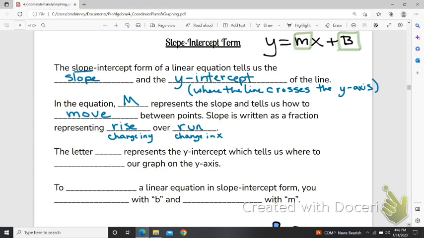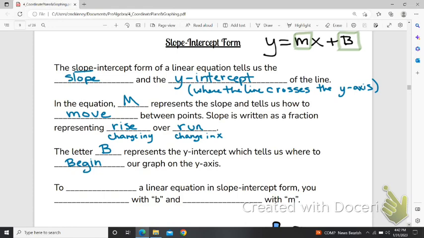The letter B, and sometimes you'll see it written as a lowercase b, but my lowercase b looks way too much like a 6, and so I don't like to use that. But that represents the y-intercept and tells us where to begin our graph. So even though it's the number at the end, it's the one that tells us where to begin.